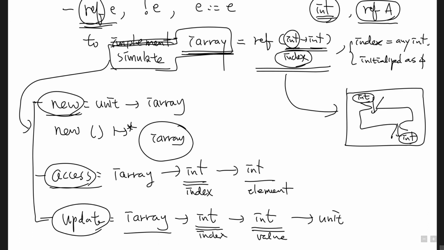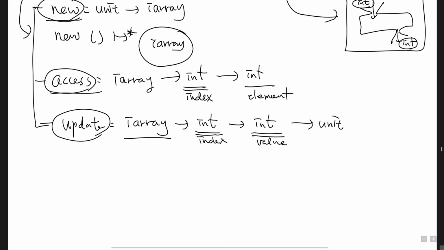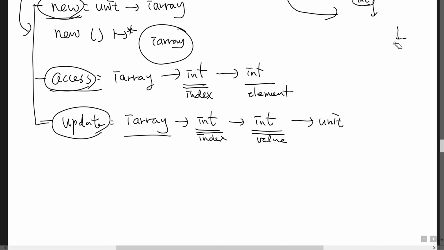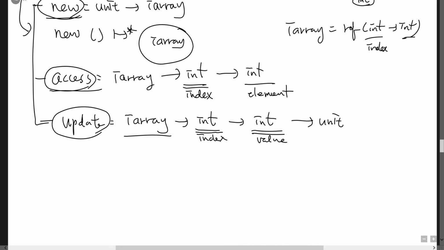So let's first try this new. How can we implement this new? Remember, always remember, integer array is simulated as reference integer arrow integer, where the first integer is the index and the second, the return integer, is the element. So actually it's pretty easy to define this new.